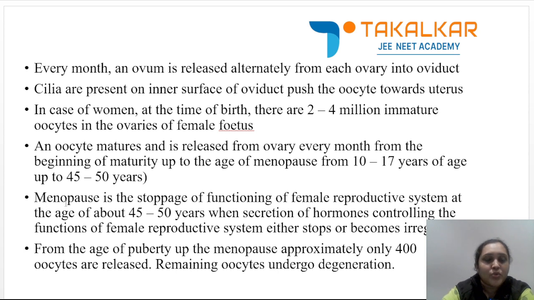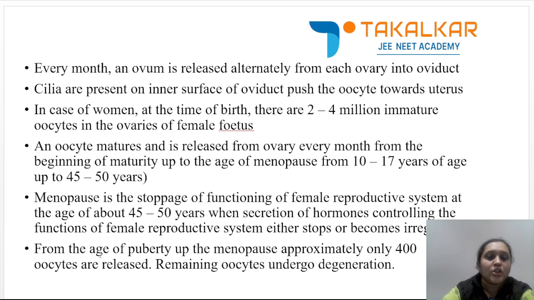So menopause, what is menopause? Menopause occurs at the age of 45 to 50, where the secretions of hormones are stopped, or the female reproductive system is not functioning properly, and therefore the ovarian cycle is disturbed and becomes irregular.